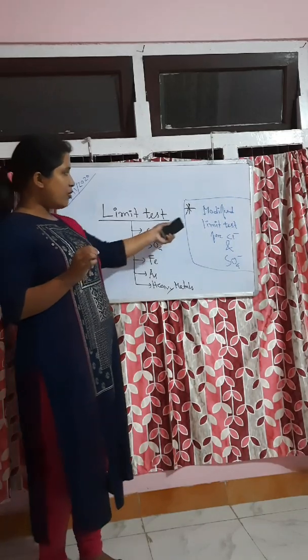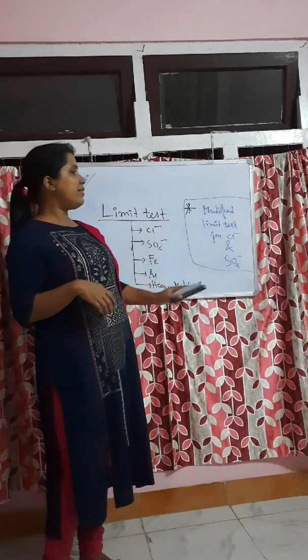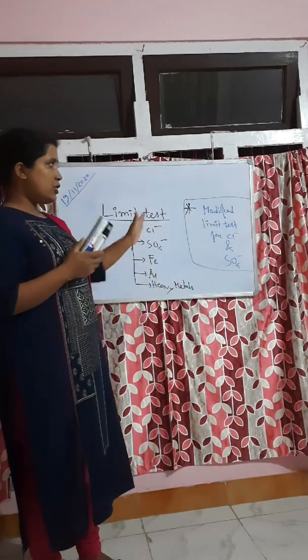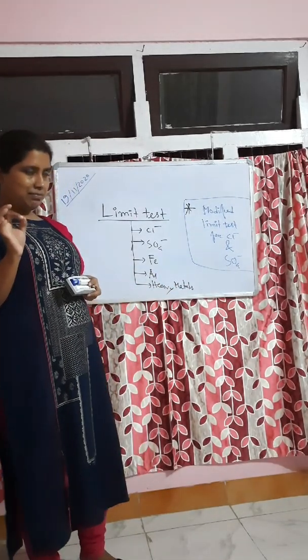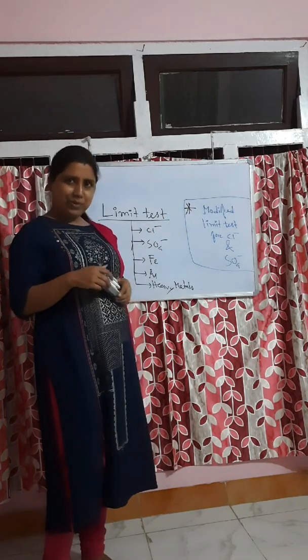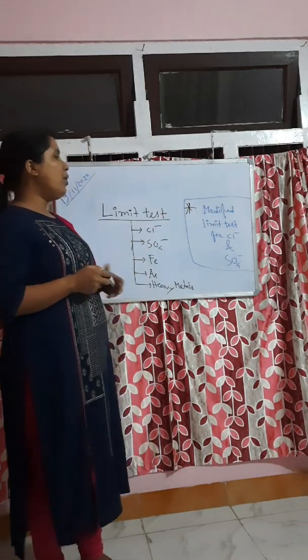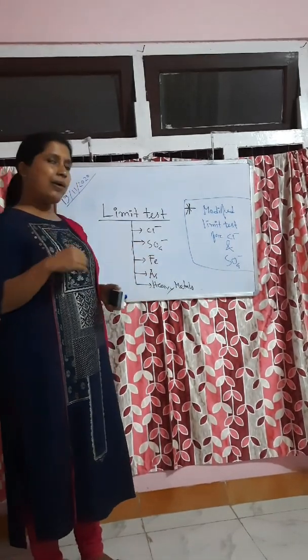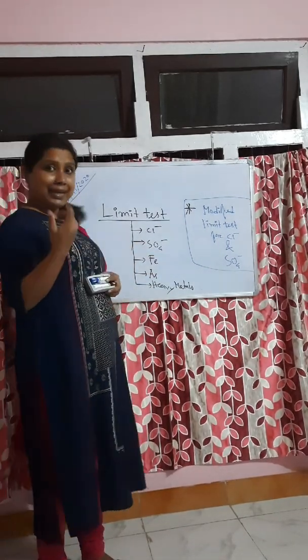Another topic is the modified limit test for chloride and sulfate. This topic is nothing, don't worry to see the word modified. It is not so important, that's why I'm not going to discuss it now. I will discuss it later when we get time.